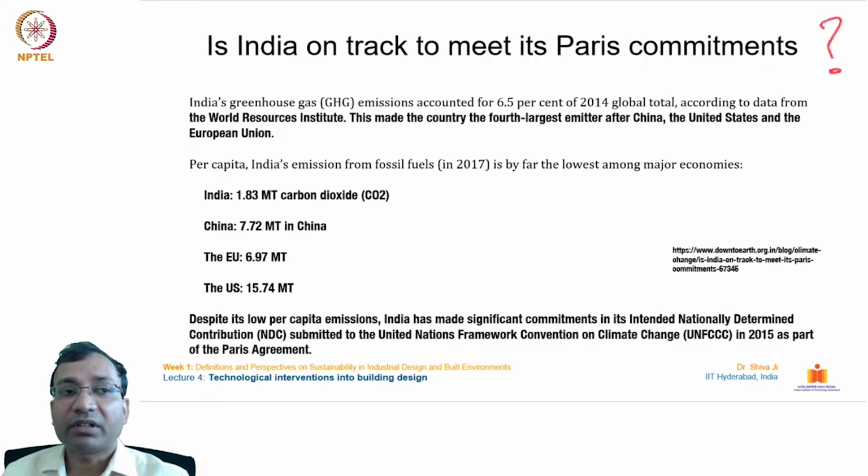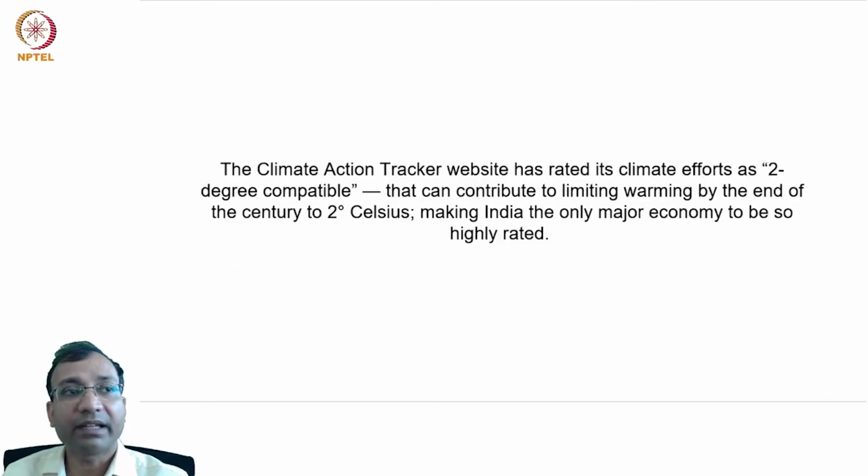Despite its low per capita emissions, India has made significant commitments in its intended nationally determined contribution submitted to the United Nations Framework Convention on Climate Change (UNFCCC) in 2015 as part of the Paris Agreement. So you can see over here, even though India is not one of the bigger emitters, India has still shown and given its resolve to fight the crisis of global warming and its impact on the planet.